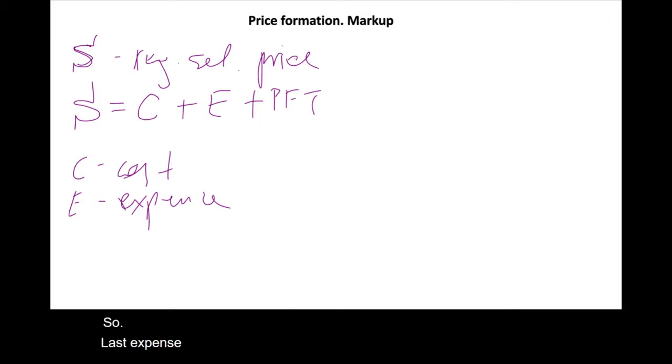In other words, if you relate to chapter 5, which is break-even analysis, we had the formula that total revenue was total cost plus profit, right?